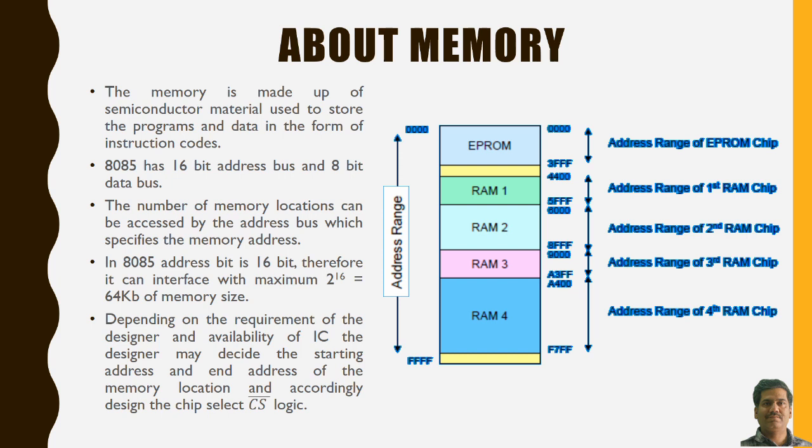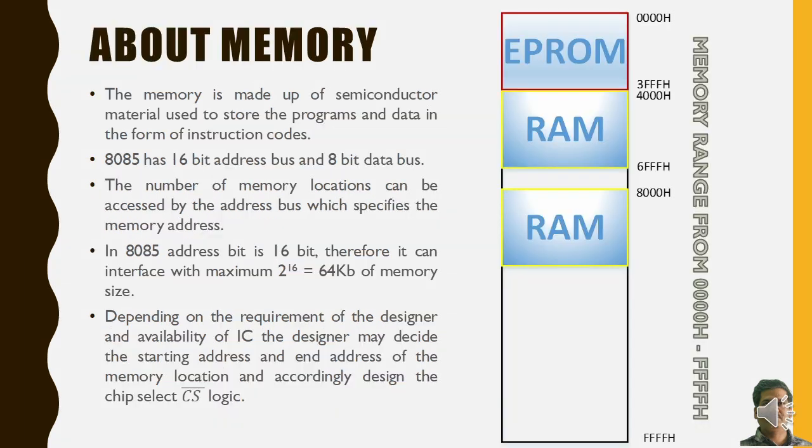When we are using only one address bus bit, in that particular case we are able to identify only two memory locations. If we use two address bits, we are able to address 2 to the power 2, that is 4 memory locations.